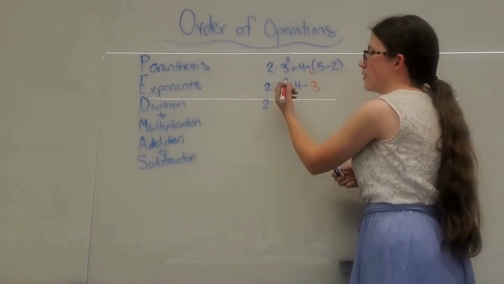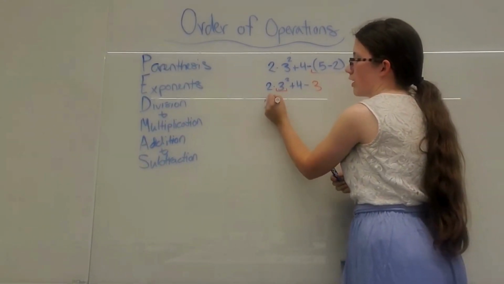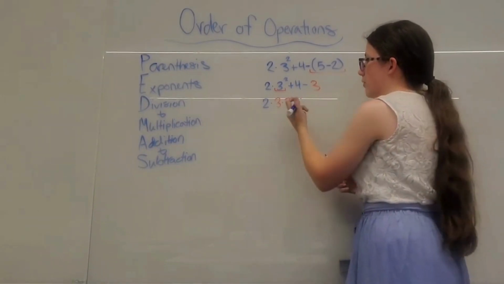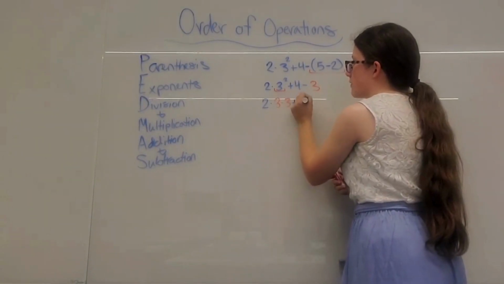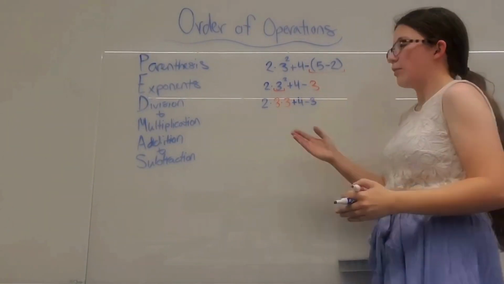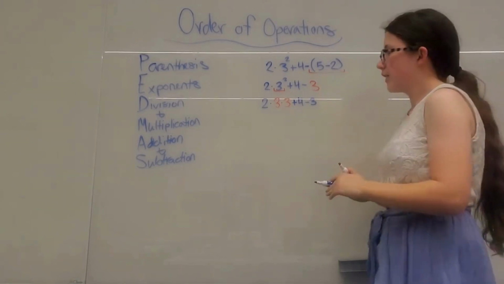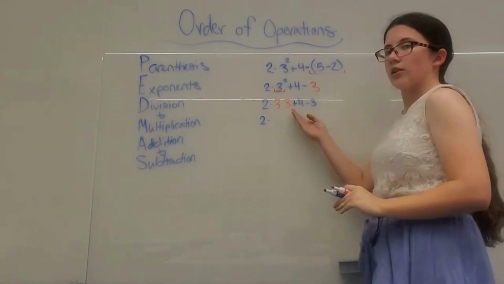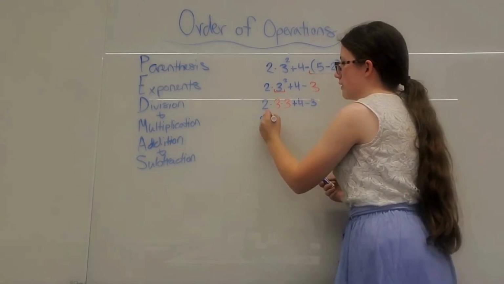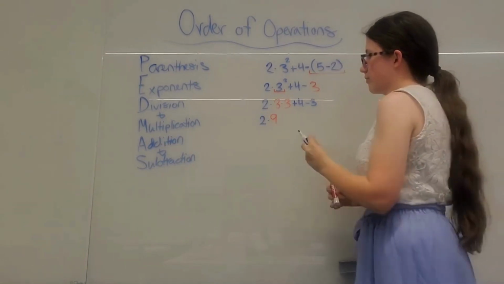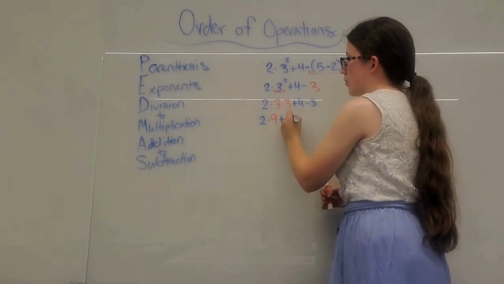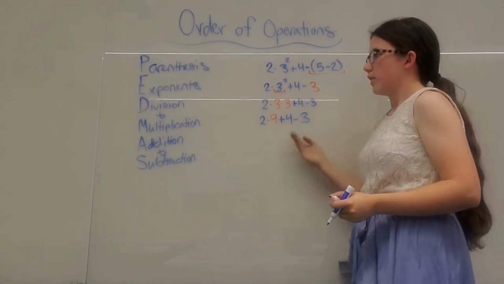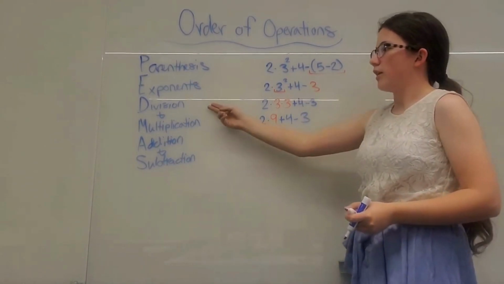So in this case, for 3 squared, or 3 to the second power, it is 3 times 3. So once we remember that, we can solve our equation. So we have 2 times 3 times 3 is 9, plus 4 minus 3.